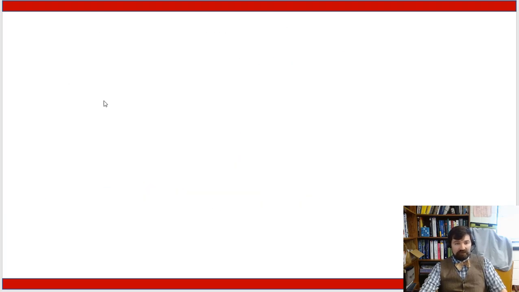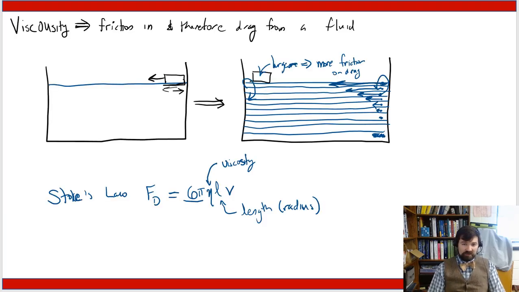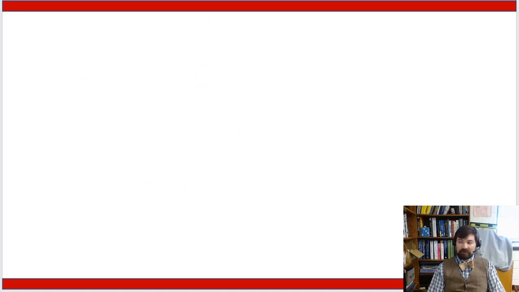Basically, what ends up happening is that for this object right here, for the amount of drag that's being placed on it, let's call this the drag force, the actual drag force, not Stokes' law, but the actual drag force from the top layer of the fluid, you end up getting a force that looks like this.